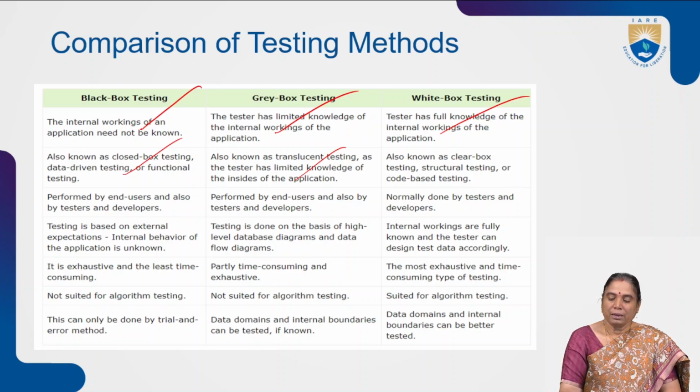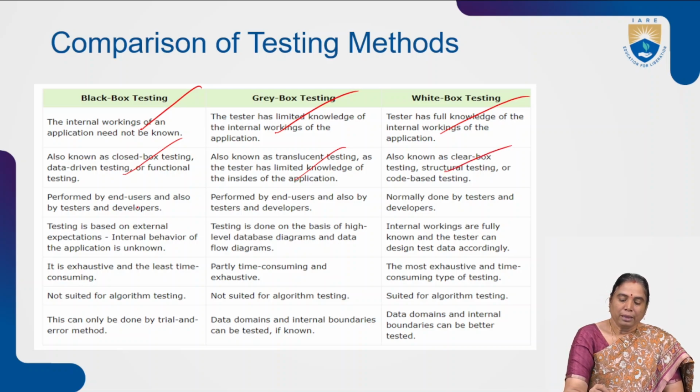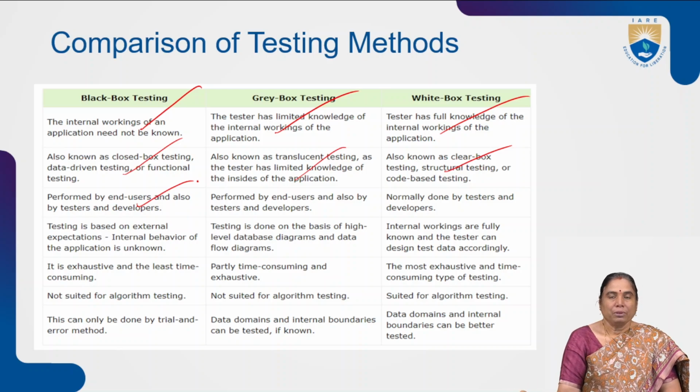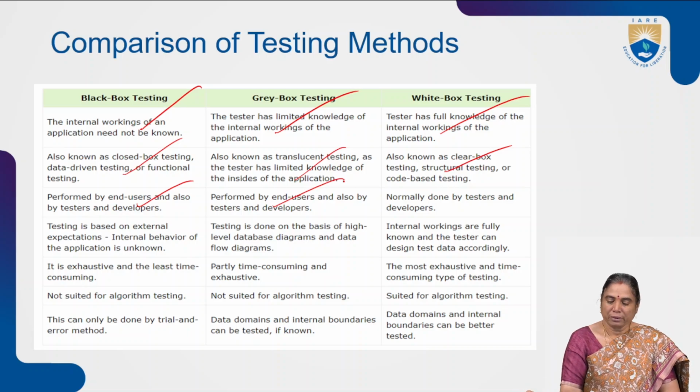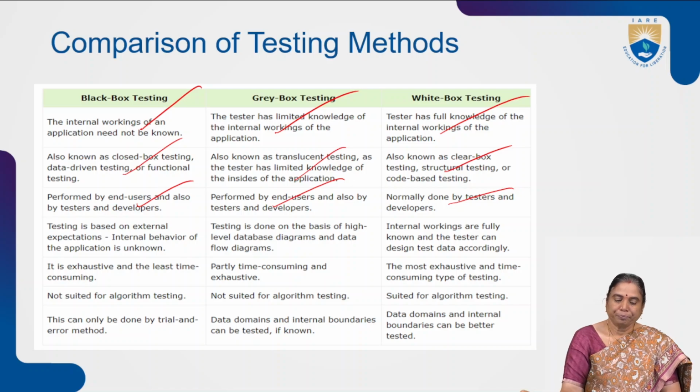White box testing is also called clear box testing. Black box testing is performed by the end user, but grey box testing is performed by the testers and developers. It is normally done by the testers and developers for white box testing also.